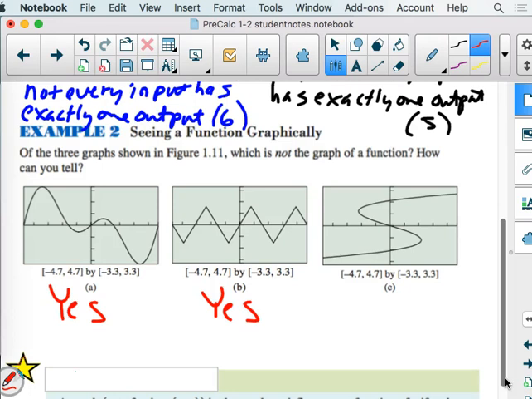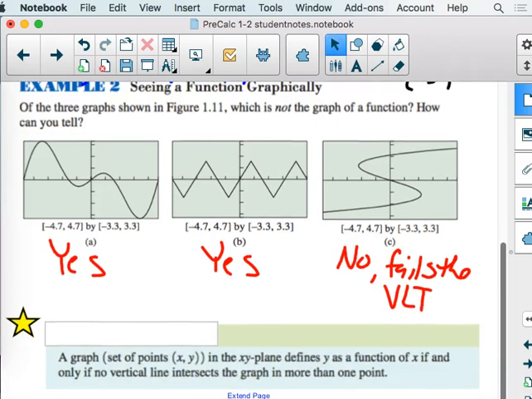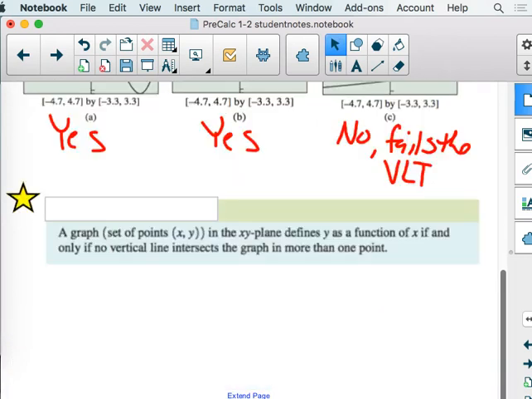How about the squiggly in C? No go. No. Why? It fails the VLT, the vertical line test, which I want to say you've learned for the last 2 years, but it's quite possible exponential has been a lot for you guys. So maybe, but just say last year was it.